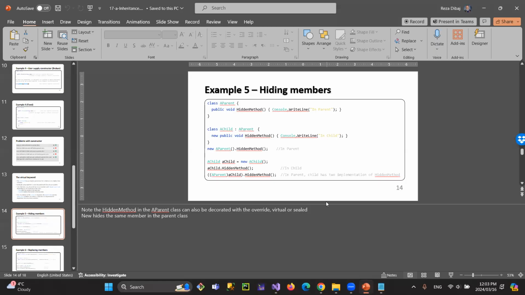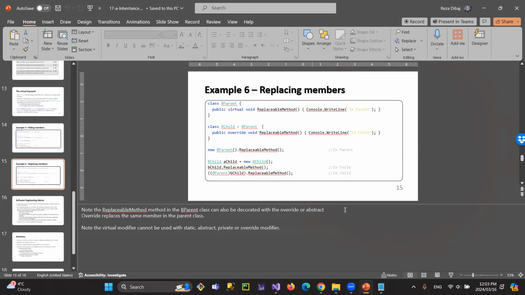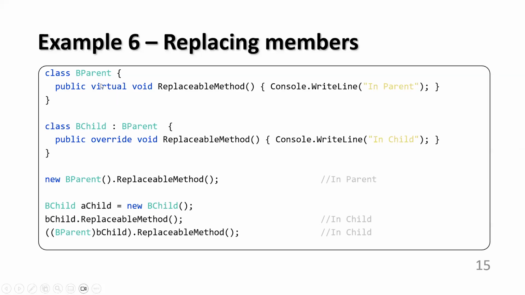Let's look at this example. Slide number 15 tells us about the virtual keyword. So we use virtual and we use override. And it says replace. It doesn't say hidden. Does that make sense?